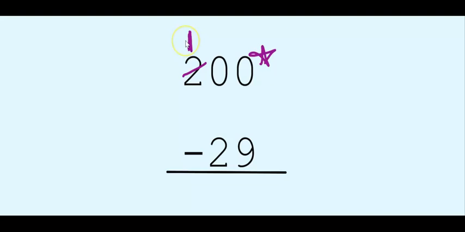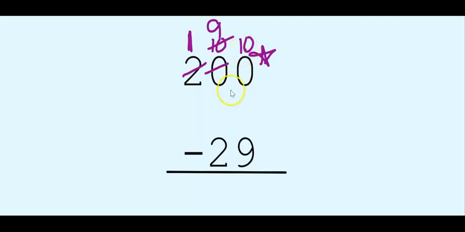It becomes a 1 because I'm only sharing 100. That 100 gives me 10 tens, so my tens are happy, but I also need to share with my ones. So I'm going to take away one of those tens and give them next door to my ones. Now everyone's happy and we can subtract.